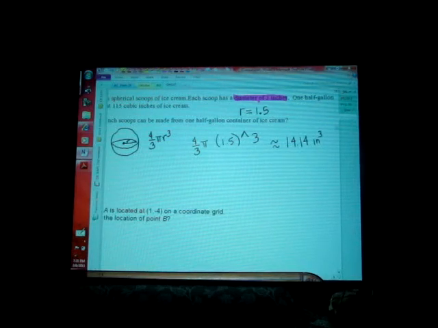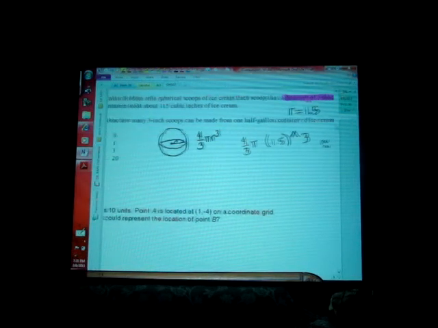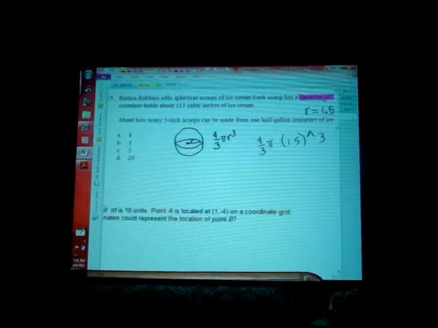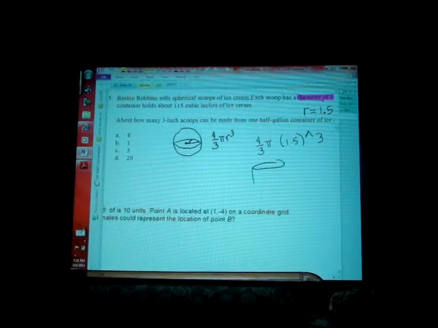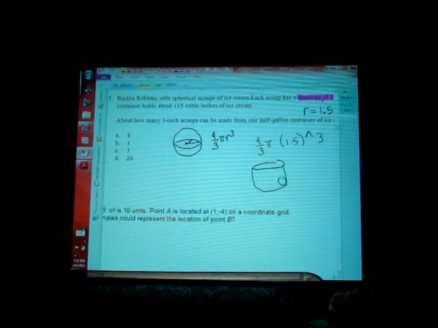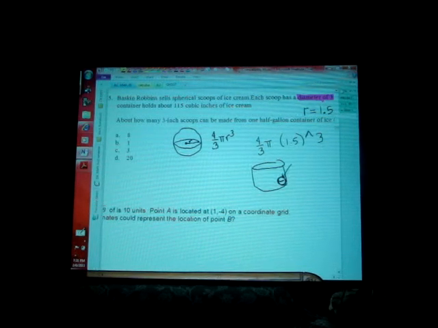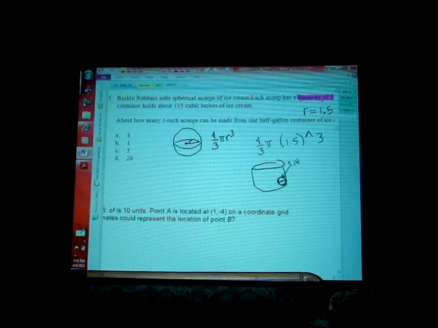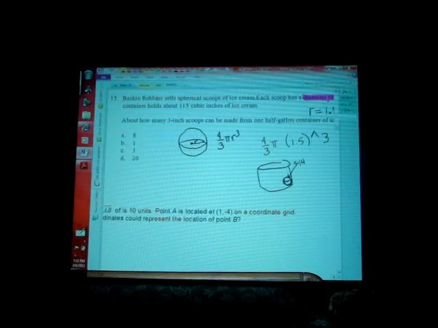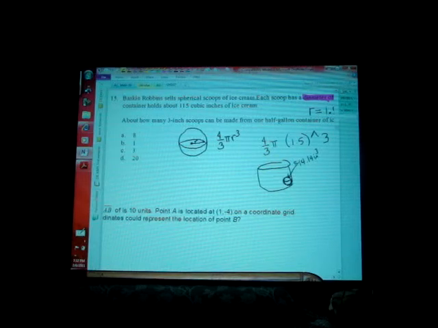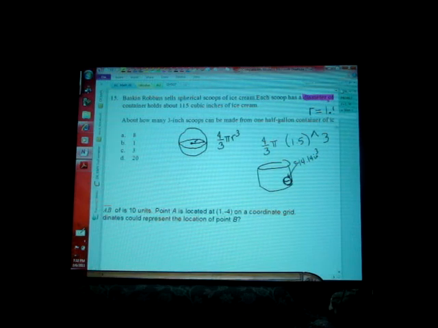It says that there are 115 in the entire container of this ice cream. So one little sphere would be about 14.14 cubic inches. It's asking how many are contained in this particular container.